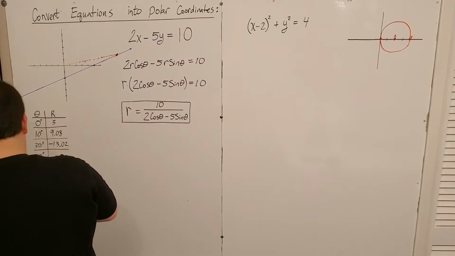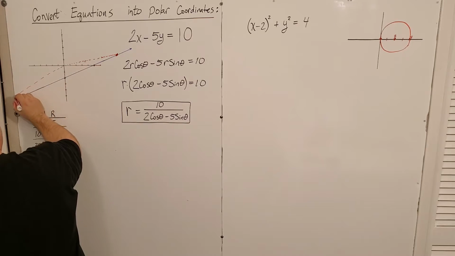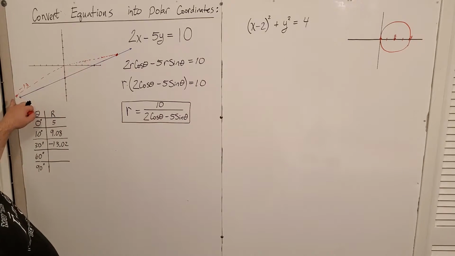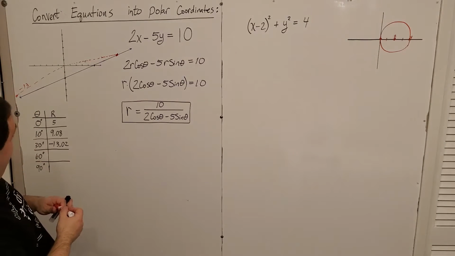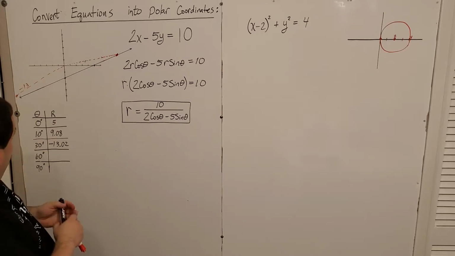So at 30 degrees, negative 13, what's happening is it's going way out here, negative 13 distance, somewhere on the line over there. Okay? As I continue to rotate higher and higher, you'll see the r will stay negative, right?